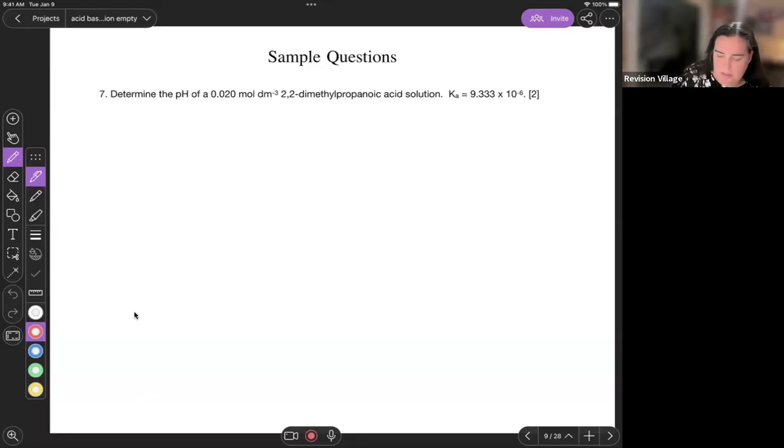I hope this question looks really similar. You can set up the RICE table. You would then solve for x and take minus the log of x to find the pH.